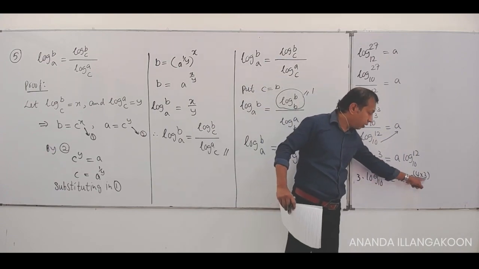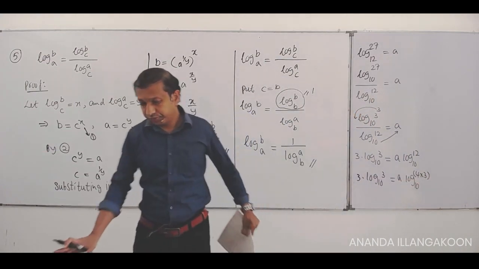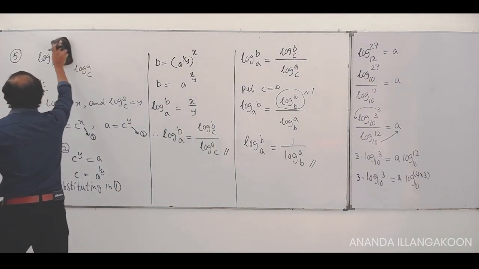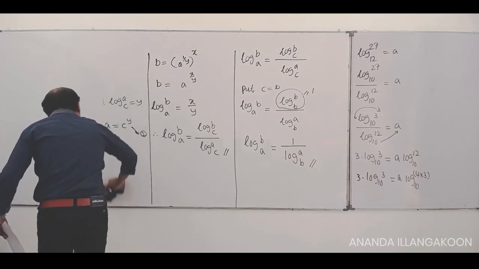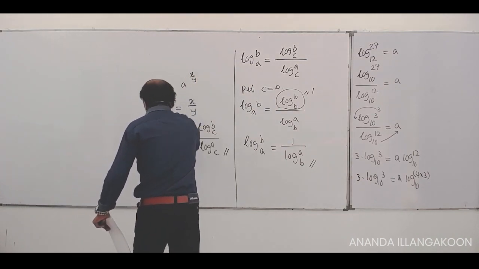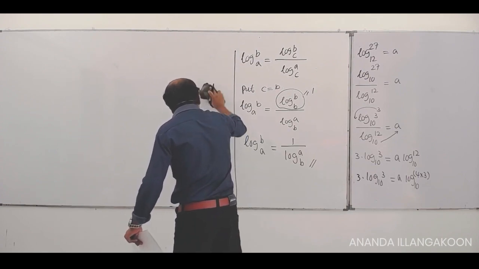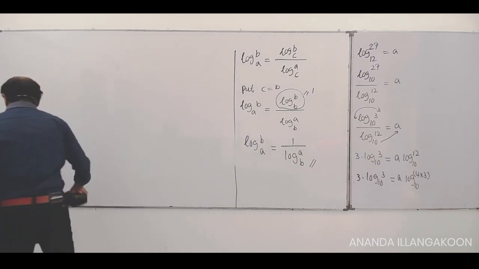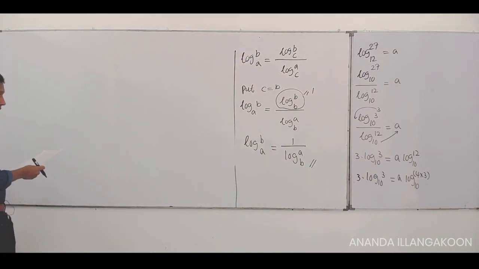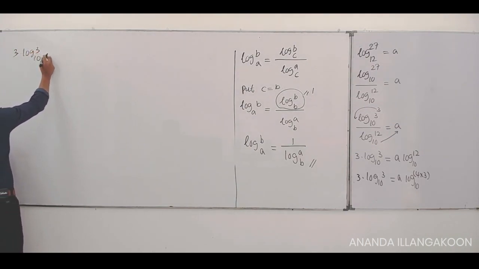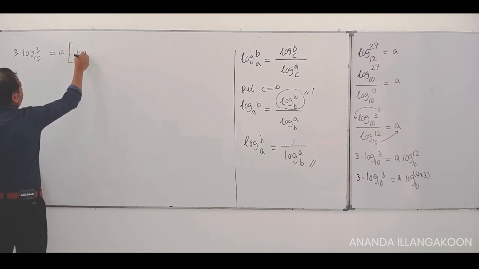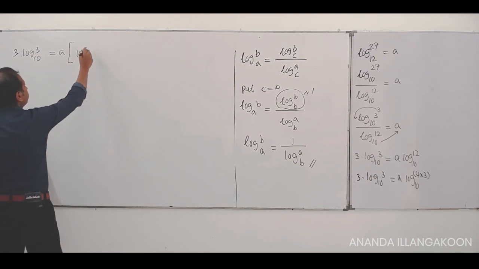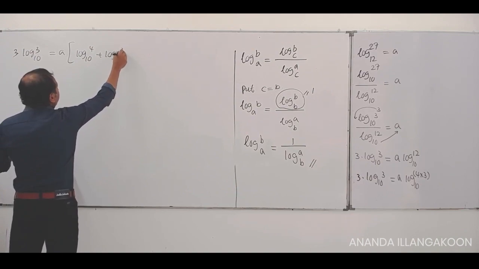We know a product you can write as a sum. Then we get in the left hand side 3 log base 10 of 3 equals a times log base 10 of 4 plus log base 10 of 3.